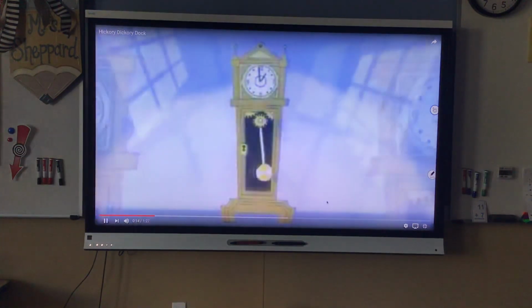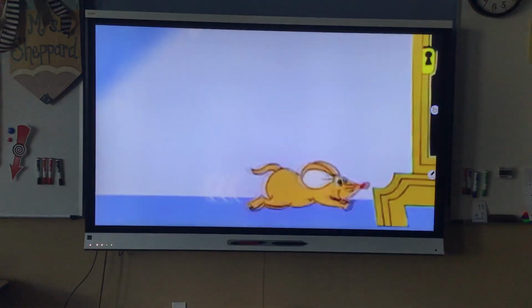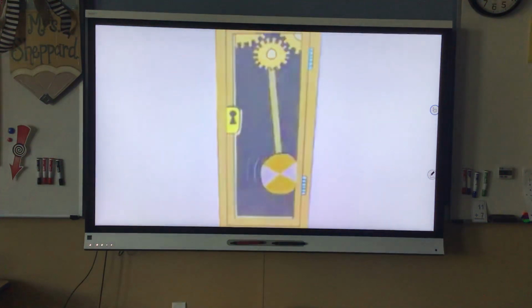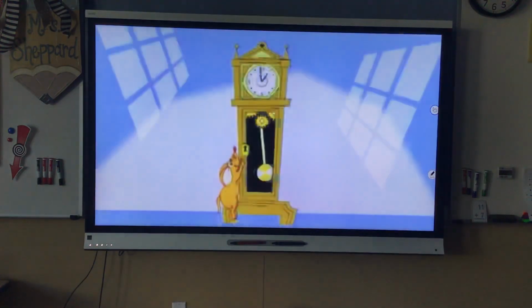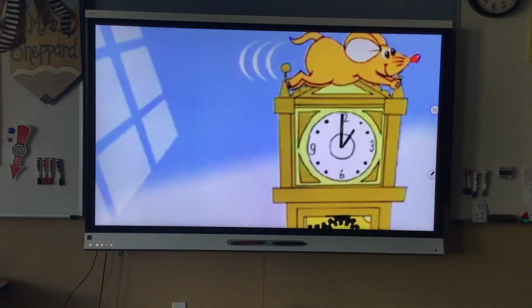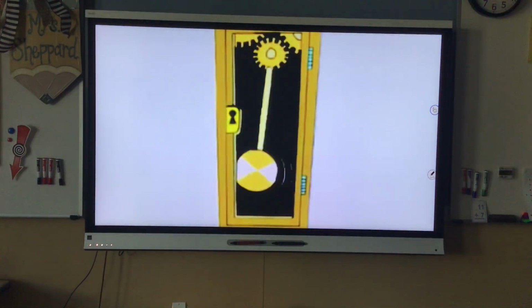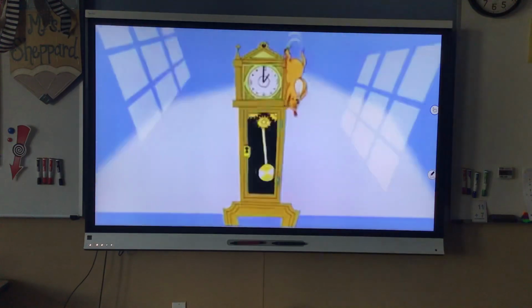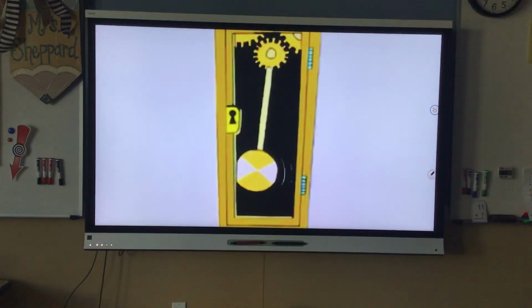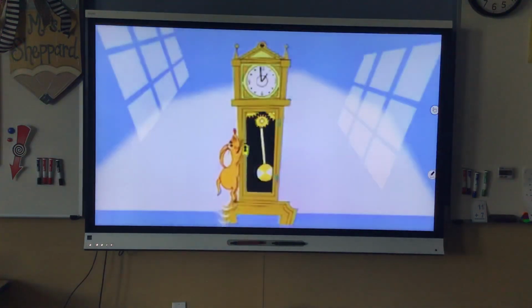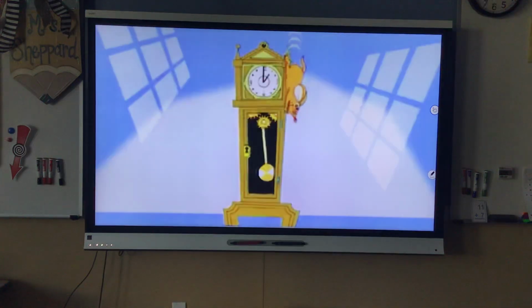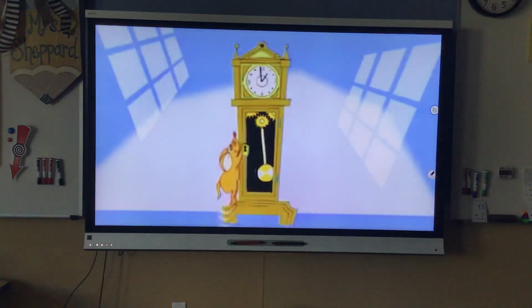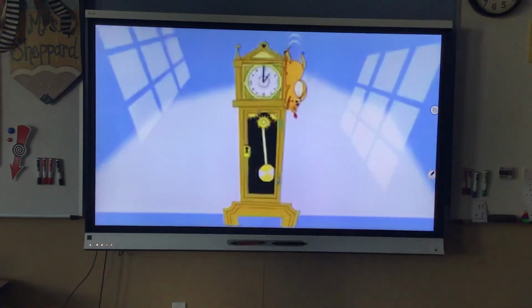Hickory dickory dock, up the clock. The clock struck one, the mouse ran down.